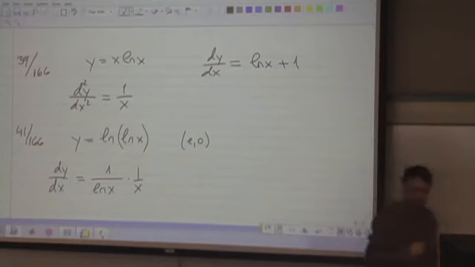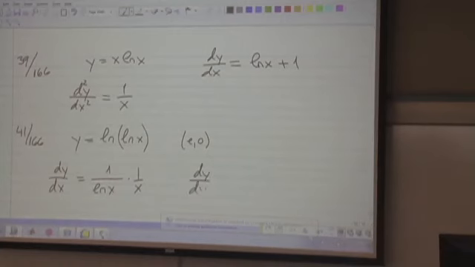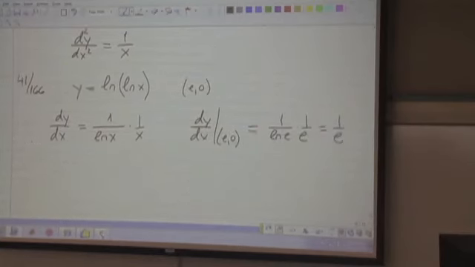Okay? So now all we have to do is dy over dx at the point e and 0 is equal to 1 over ln of e times 1 over e, which equals 1 over e. So the equation will be y minus 0 equals 1 over e times x minus e.